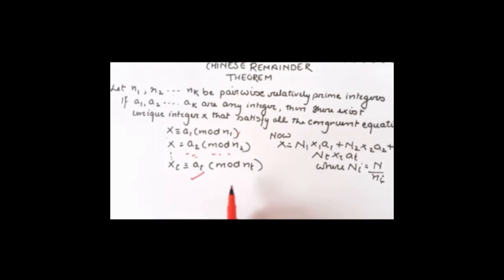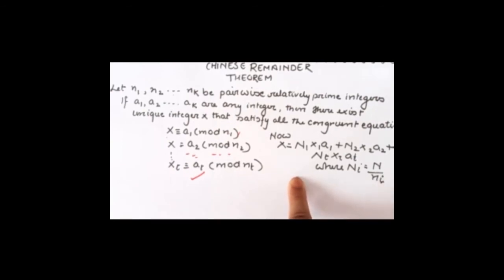Now, this x is equivalent to N1 x1 a1 plus N2 x2 a2 plus up till Nt xt at, where Ni is equal to capital N upon ni. This is the entire theorem that you have to remember.